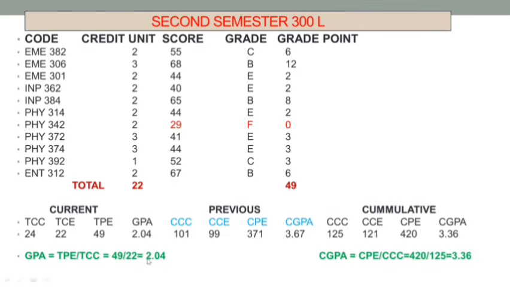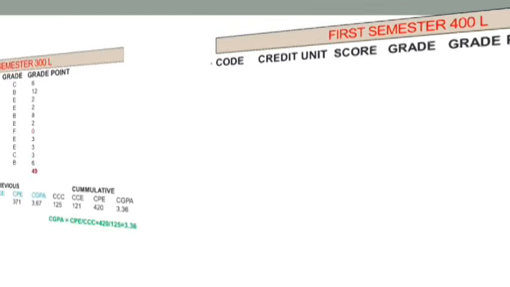So Mr. Boy crashed from 3.67 to 3.36, and the result is because of poor performance in second semester 300 level. So the lesson here is that for each semester you play, you joke, it has an effect on your cumulative. So each semester is a time to really work hard.